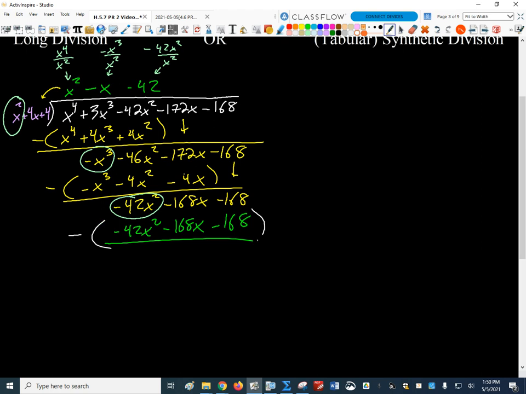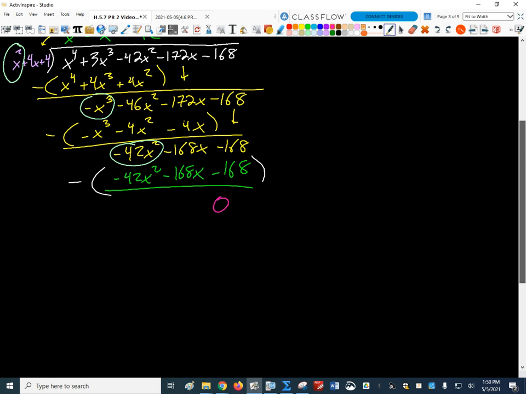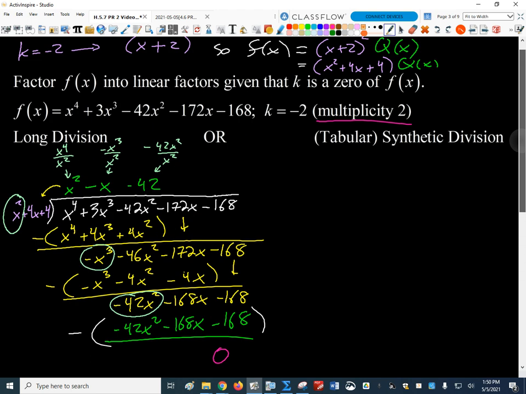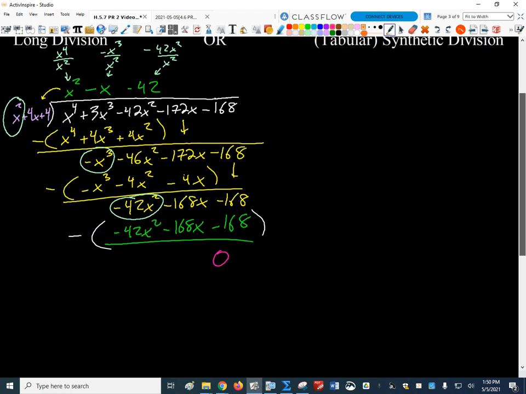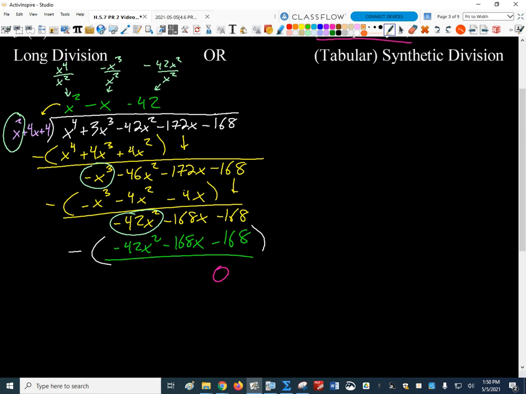Everything cancels, doesn't it? Okay, as predicted, and my remainder is 0. So that told me that Q of x is equal to x squared minus x minus 42, right?